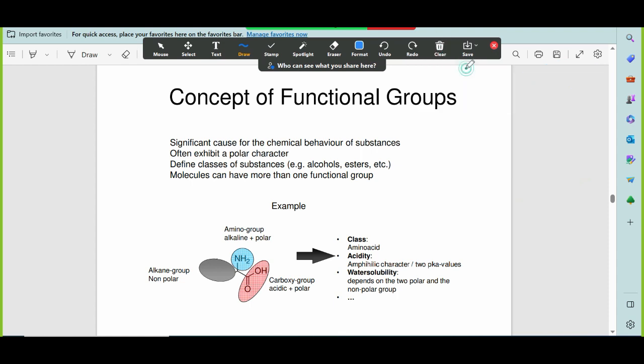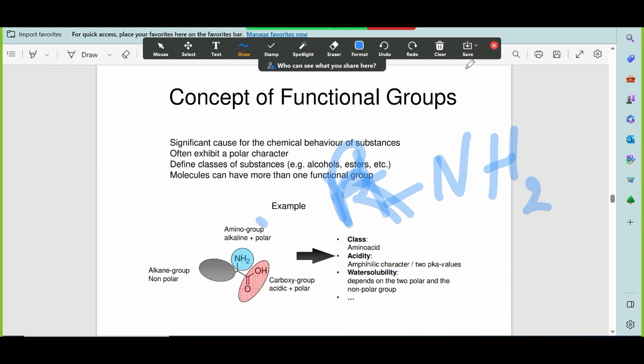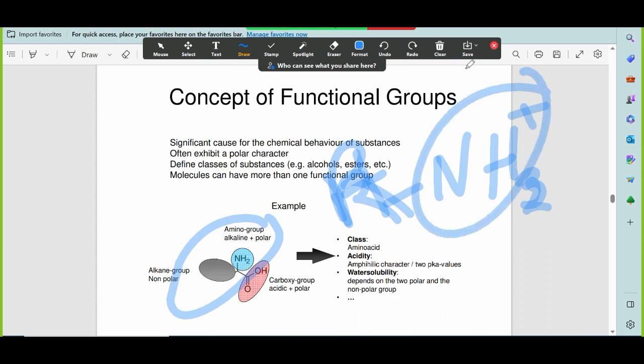But when we have a compound like NH2, the amine group, when it attracts one H, of course amine is bonding to something, it can be H, like NH3, or it can be a radical, like in this case. When it captures one more H, it becomes NH3 plus.